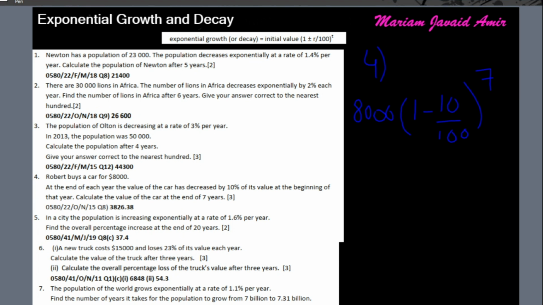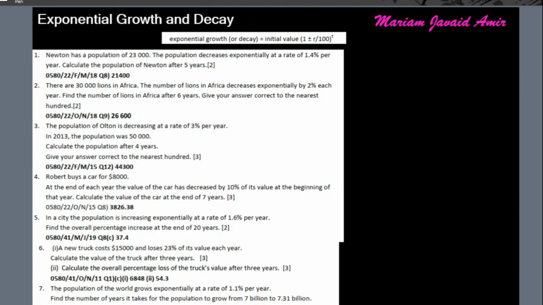So the answer is 3826.3752. Although this is the exact answer given in the marking scheme, I guess even if you round it off to 3 significant figures, this answer should also be accepted.